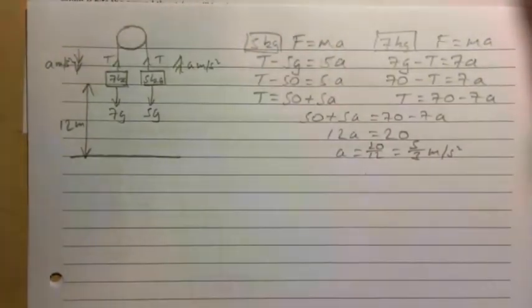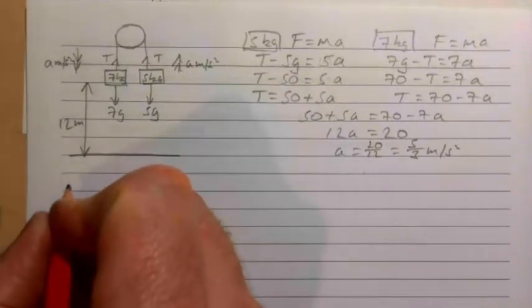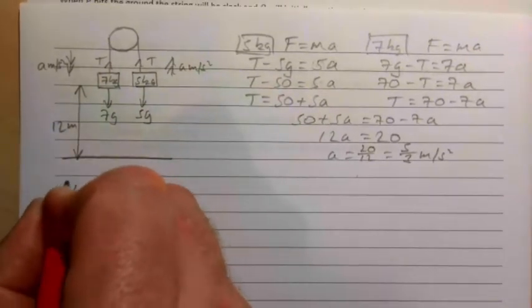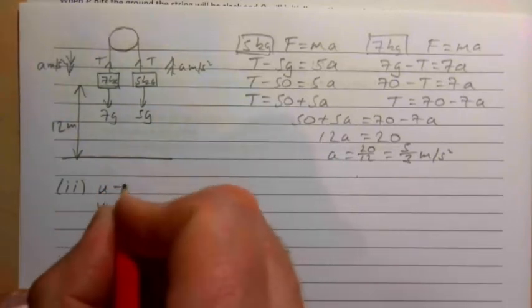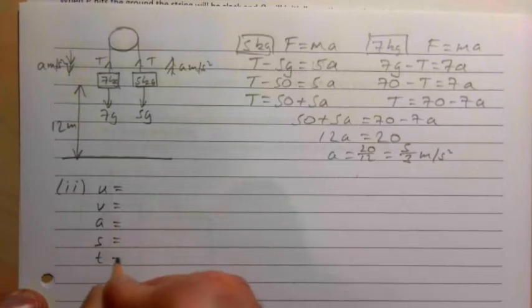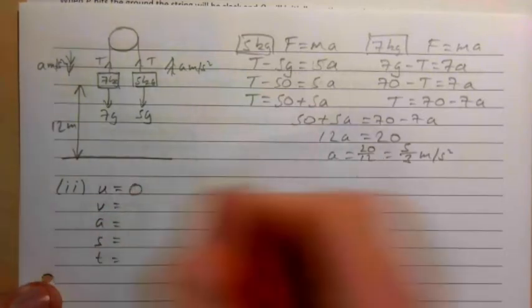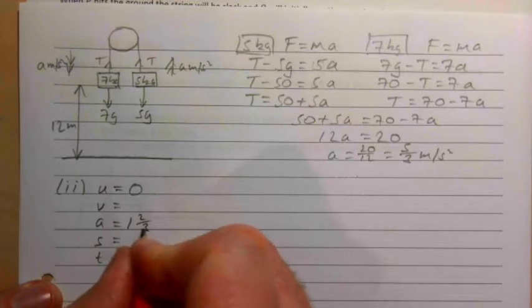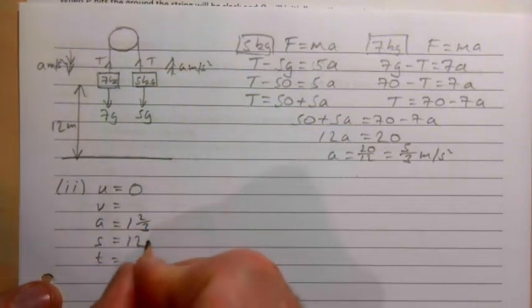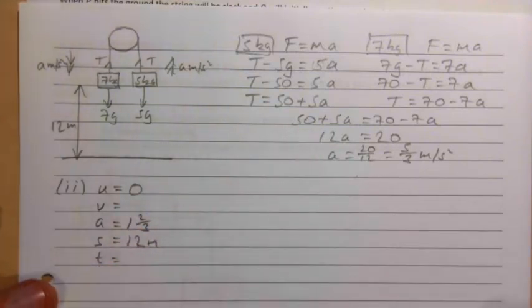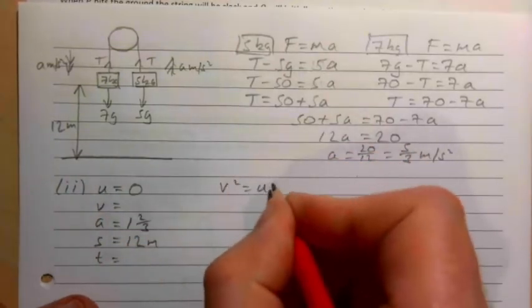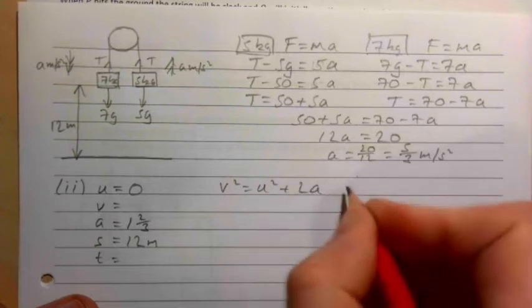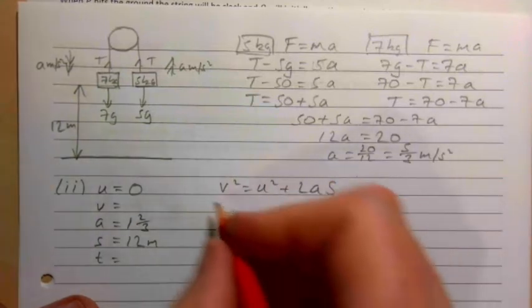Find the speed of P when it hits the ground. I'm going to have to use UVAST then for this. U, V, A, S, T. It starts from rest, so U is 0. A is 5 over 3, that's 1 2/3, and my distance then is 12 meters, and we're trying to find V. We have U, A, and S, so we're going to be using V squared equals U squared plus 2AS.